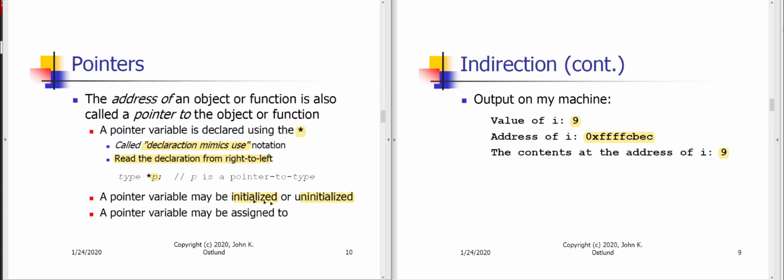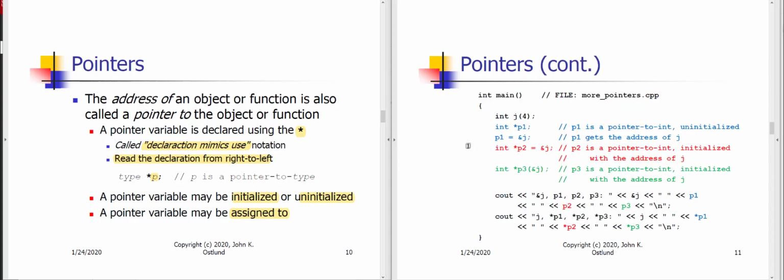You should initialize a pointer if you know the address that you want the pointer to point to. You can also assign the address of something to that pointer variable, assuming that the something whose address you're getting is the same data type that the pointer is expecting to point to. So let's see some code.